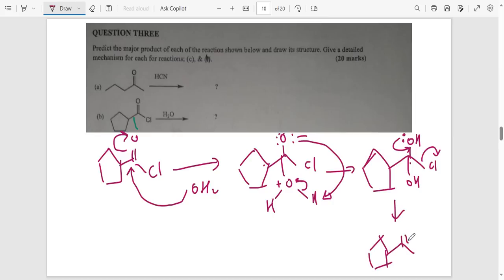So now we have got a double bond with oxygen, but this oxygen is bonded to a hydrogen, so it is going to have a positive charge, and then we are going to have OH at the end. The same chlorine that we have released can actually come and grab this hydrogen, breaking off this bond. And that will give us our final product. It is a double bond with oxygen and OH.